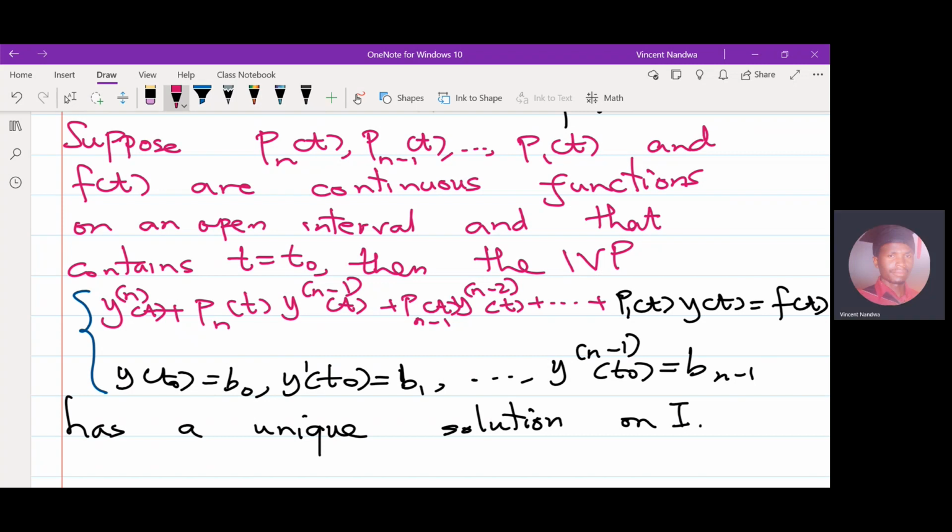Then we define what we call the Wronskian of functions.